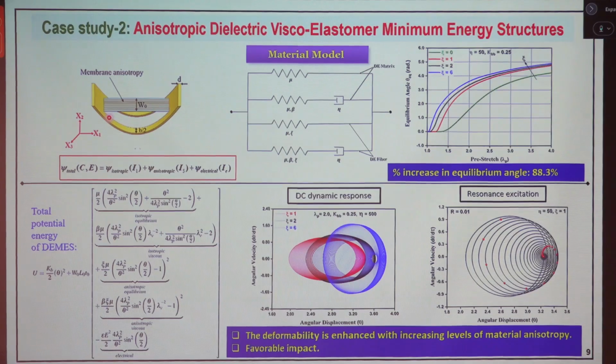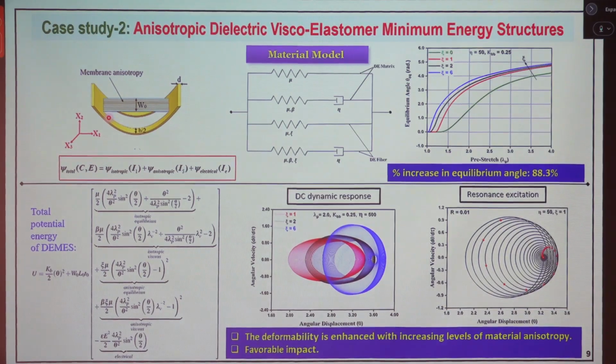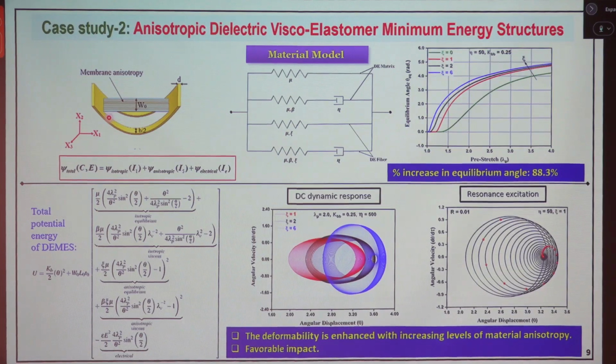Definitely it is going to bend more. So if a particular application requires more bending angle, or initial equilibrium angle, or final actuated angle, you can incorporate anisotropic behavior in the dielectric membrane. So that's the advantage of incorporating anisotropy.